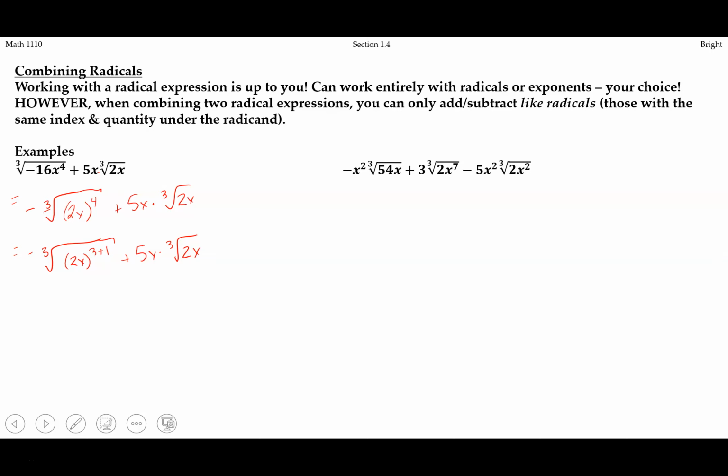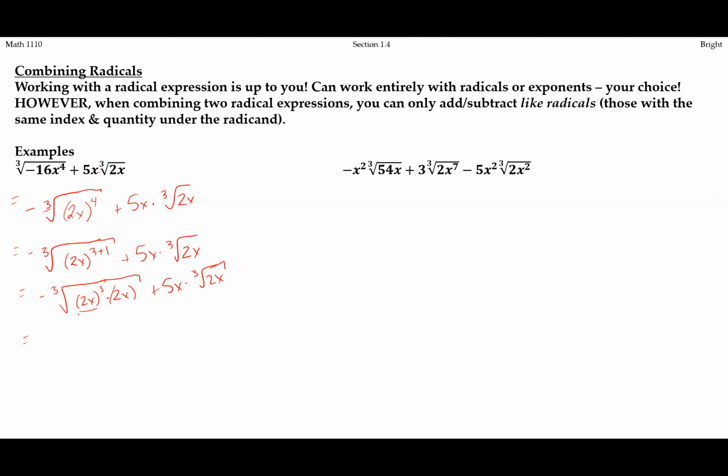Then, cube root, and I have 2x to the 3rd power times 2x to the 1st power, plus 5x times cube root 2x. And again, as always, I'm showing more work than maybe you need to, so don't feel like you need to show all this work. But now, using properties of radicals, I can break this up.